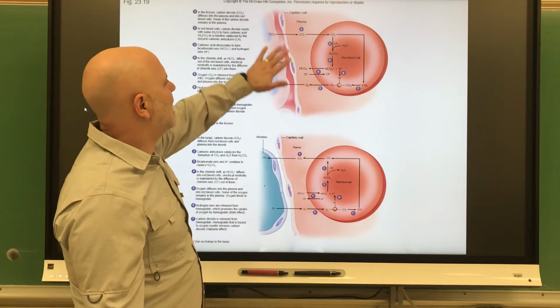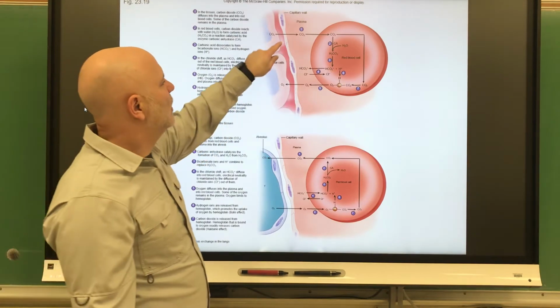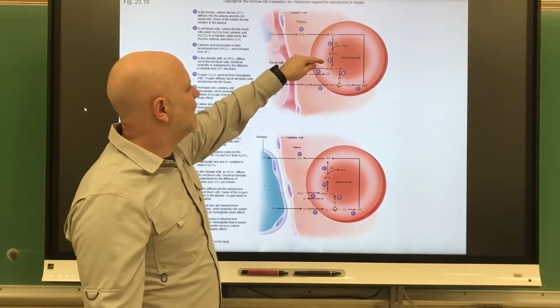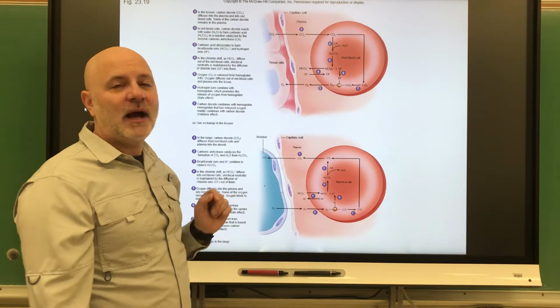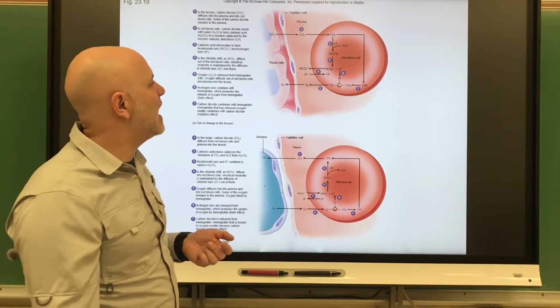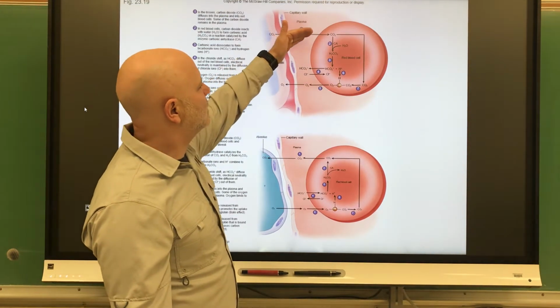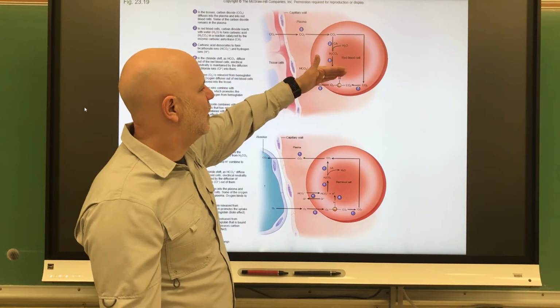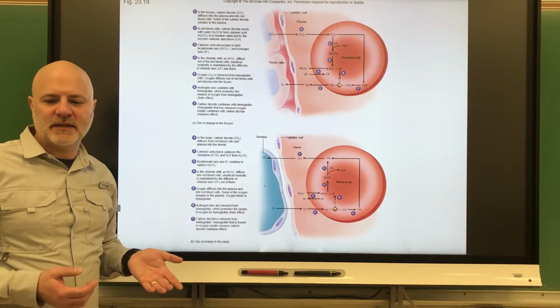Well, it's highest by body cells, because body cells are releasing carbon dioxide. And if we increase acidity, that's going to increase hemoglobin releasing oxygen molecules in that area. So it works really well together. Increased carbon dioxide increases acidity, and we release more oxygen in that same area, which is right by body cells.